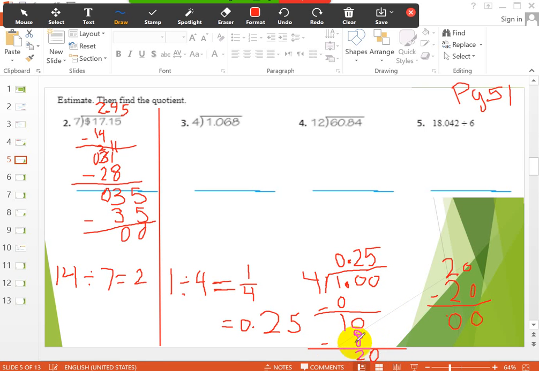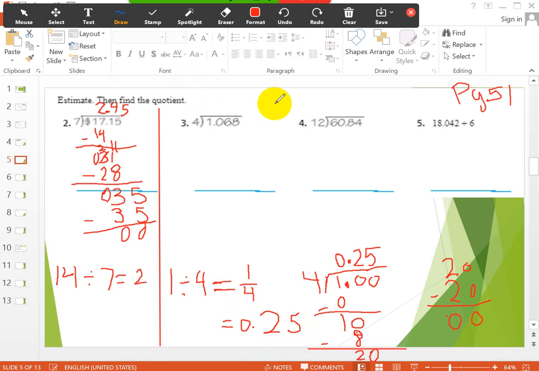Now I can divide 20 by 4. Yes, I can, because 5 times 4 equals 20. So it will be 5 in the hundredths. Then I will subtract, so the remainder will be 0. So the estimation right here is 0.25.